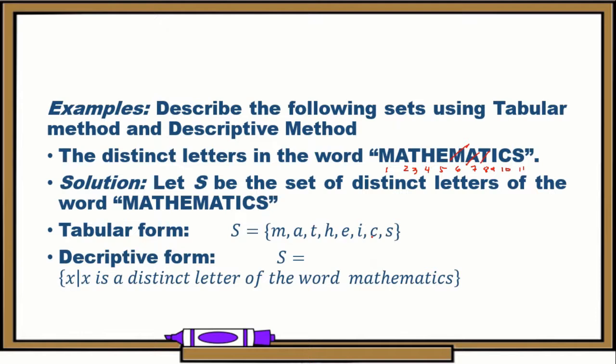Now let's go to the descriptive form. So we are going to describe the characteristic of the set using the set builder notation. We will use the variable x as a representative of the distinct letters in the word mathematics. In descriptive form, this is S is equal to x such that x is a distinct letter of the word mathematics.